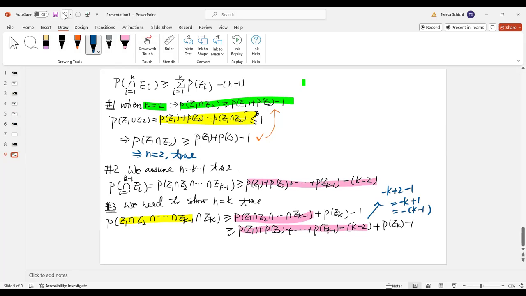Now I can rewrite the inequality, which is still true: it is P(E1) plus P(E2), all the way to P(E(k minus 1)) plus P(Ek), minus (k minus 1).